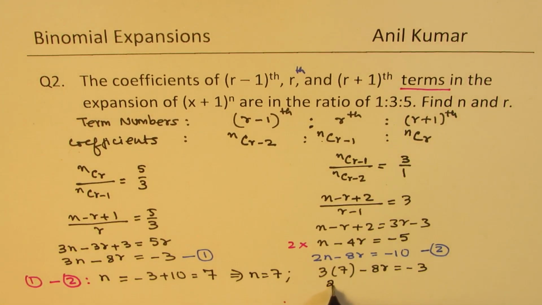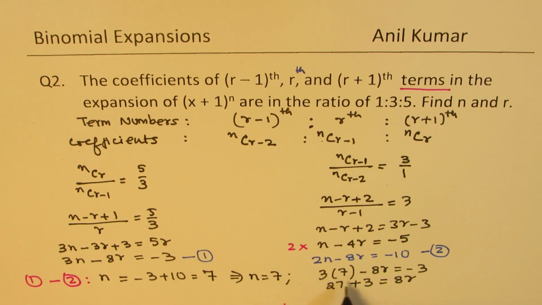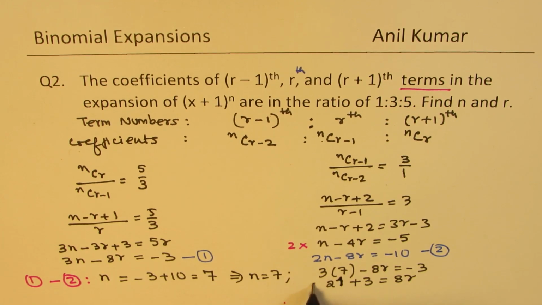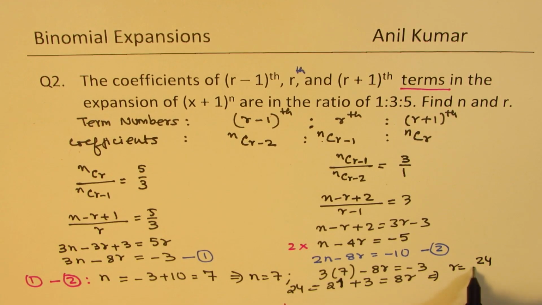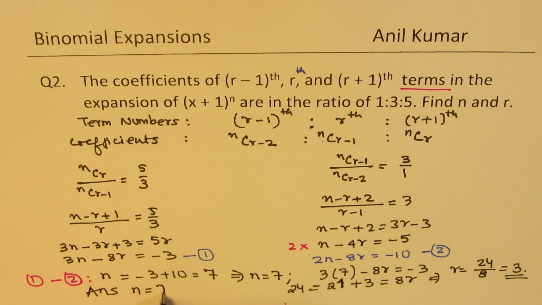So that means 21 plus 3 equals to 8r, right? I wrote 27. So 3 times 7 is 21, right? So 21 plus 3, which is 24, right? So r is equals to 24 divided by 8, which is 3. Okay, so we get the value of r as 3. So we can write down our answer that n is 7 and r is equal to 3.